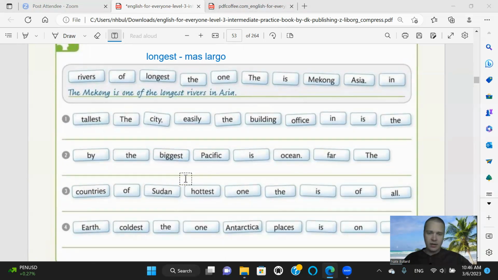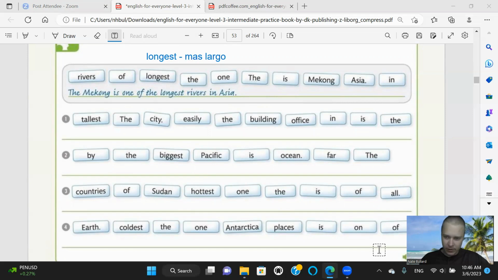This one, y voy a darles unos momentos, puedes ver las oraciones aquí, haz pausa, puedes contestarlas y después puedes escuchar las respuestas correctas porque voy a ir rápido. Tallest the city easily the building office in is.